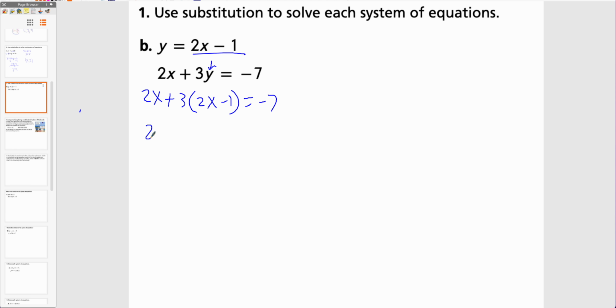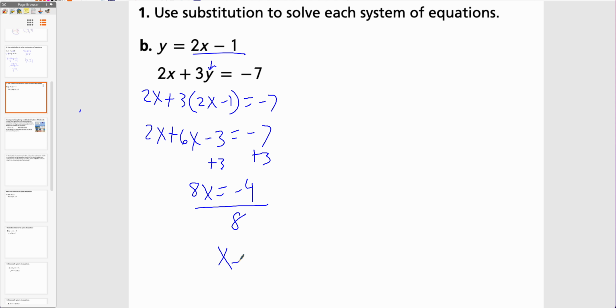So that would be 2x plus 6x minus, no, yeah, that's right, plus 6x minus 3 equals negative 7. Add 3. 8x equals negative 4. Divide by 8, so x is negative 1/2.